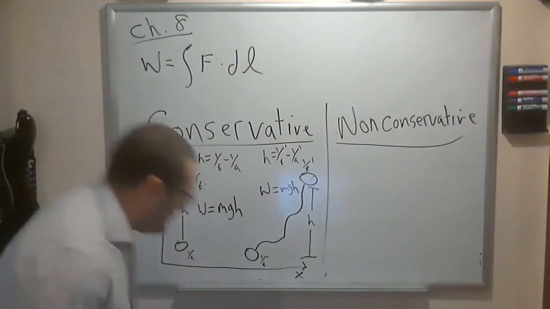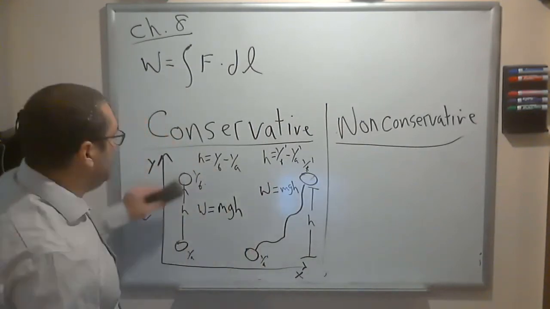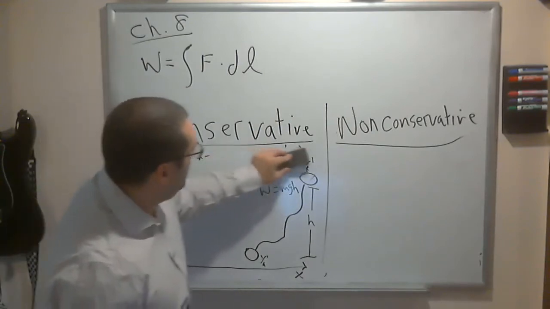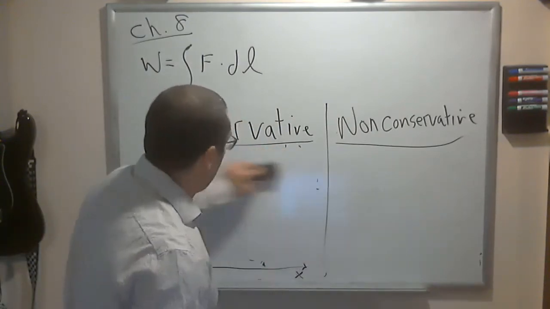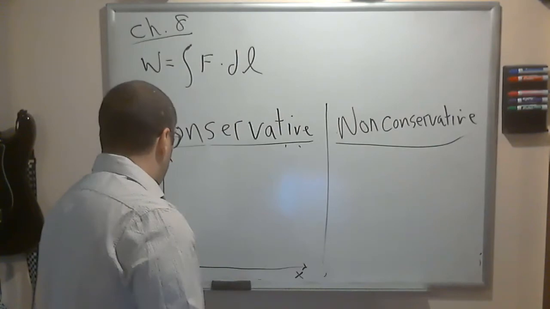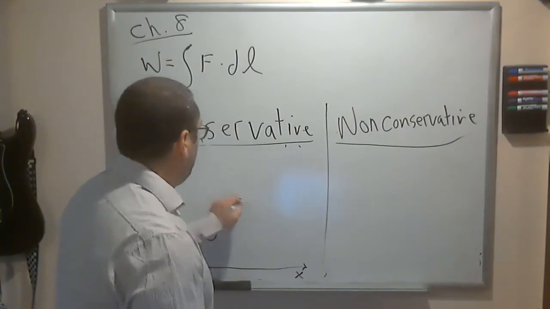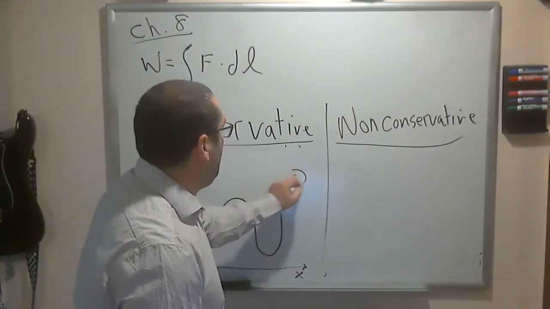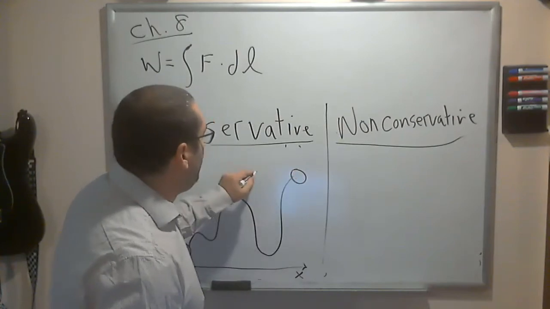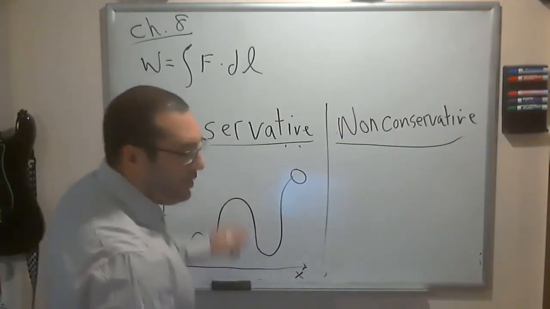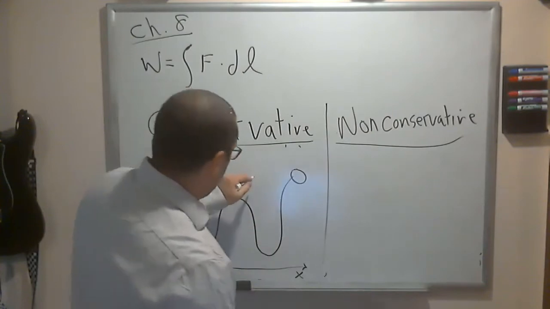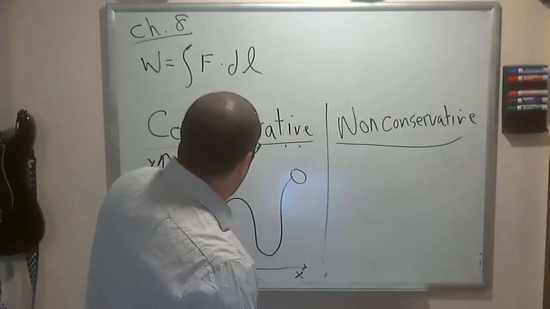In fact, it doesn't even matter if we move up or down. If we go like this and down and we end up at the same point, the work done on the ball by us to lift it up to a certain height is still the same.